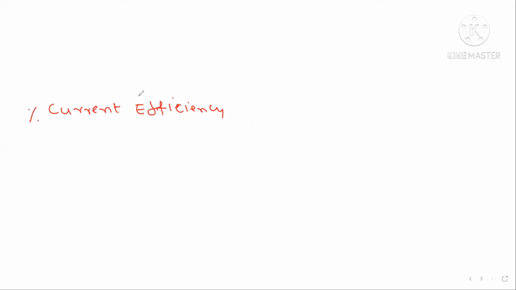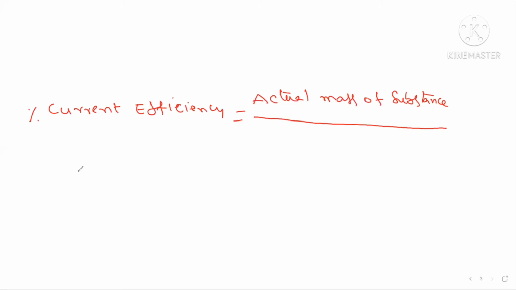Percentage of current efficiency is equal to the actual mass of substance divided by the expected mass of substance, into 100.